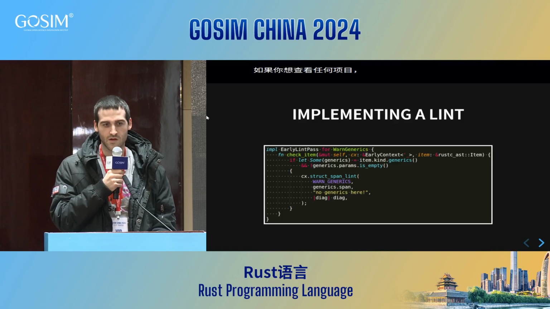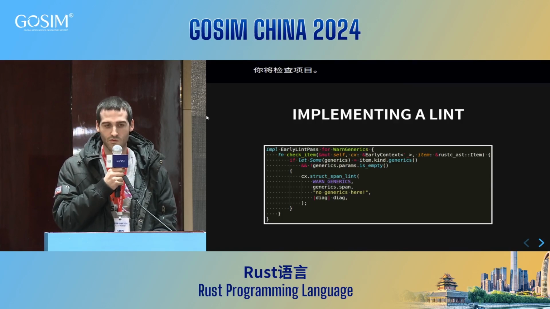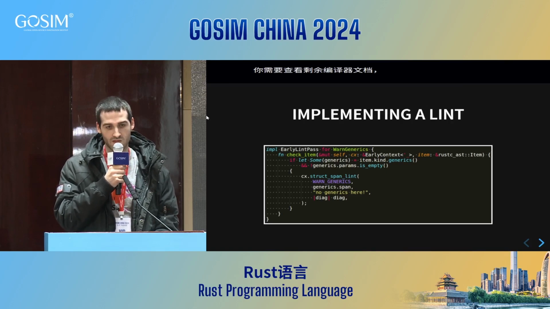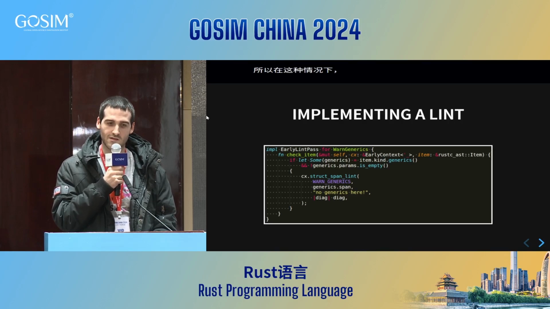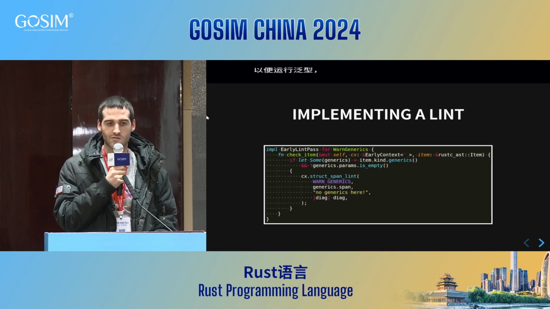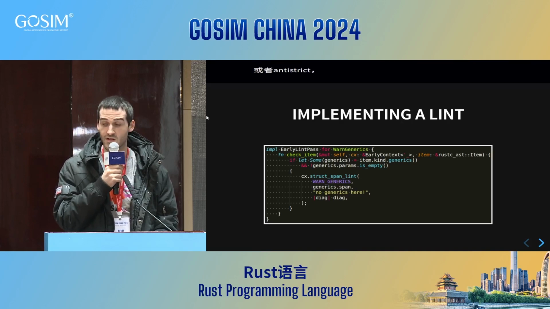You got it. So in this case, you need to look at the Rust compiler documentation to see what is the exact function, what it looks like. So in this case, it takes three arguments. It takes your current type, so OneGenerics or struct, or empty struct, because it doesn't have fields or information. Then the second argument is the early context, and that one is actually quite interesting because that's the thing that will allow us to emit the lints, to call anything that you need from the compiler.